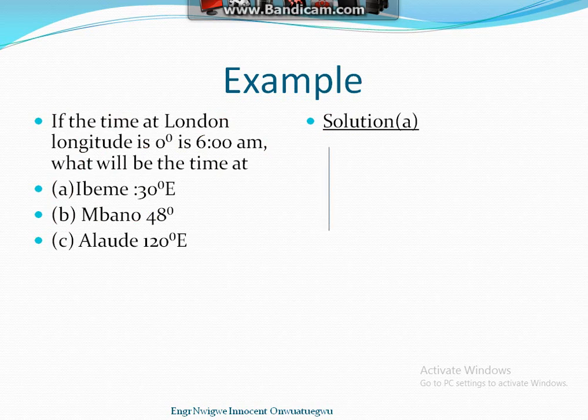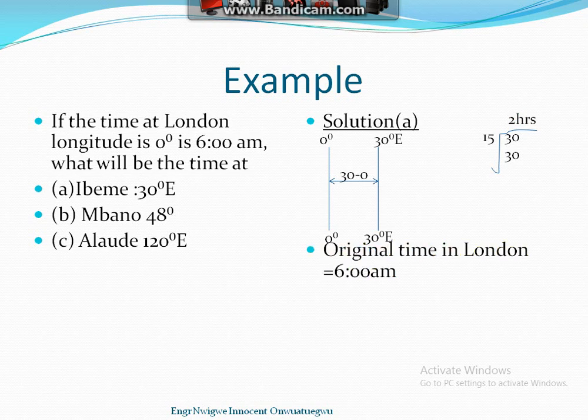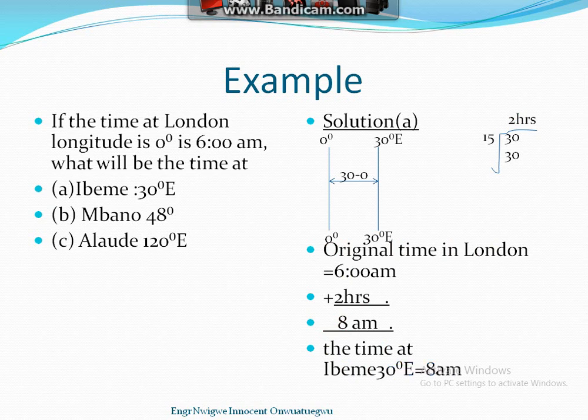From the meridian 0 degrees to Ibeme is 30 degrees east. So if you divide 30 by 15 for each longitude, we have 2 hours. So the original time in London is 6 a.m. plus 2 hours, which gives us 8 a.m. Therefore, the time at Ibeme at 30 degrees east is 8 a.m.